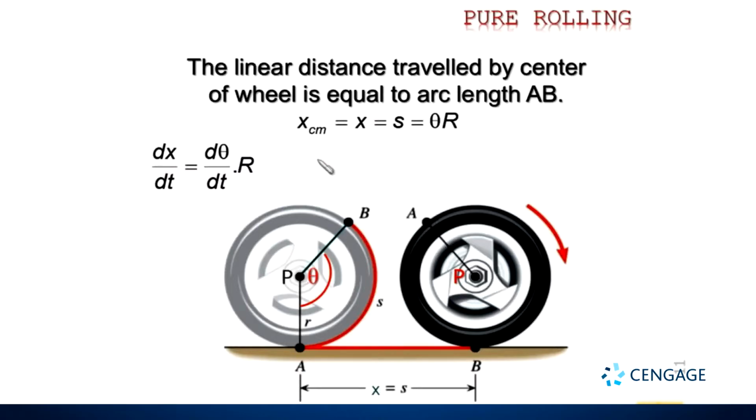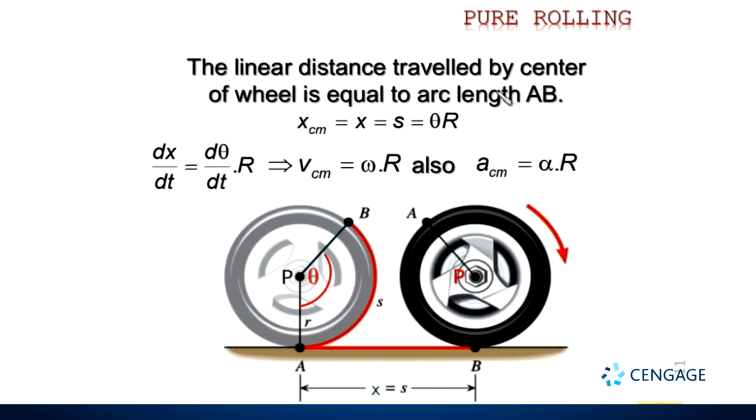So V_cm equal to omega multiplied by r. If we further differentiate this equation, we will get the differentiation of velocity equal to acceleration of the center of mass, and the differentiation of angular velocity equal to alpha. So this is equal to A_cm equal to alpha multiplied by r. These two equations correspond to the pure rolling condition.